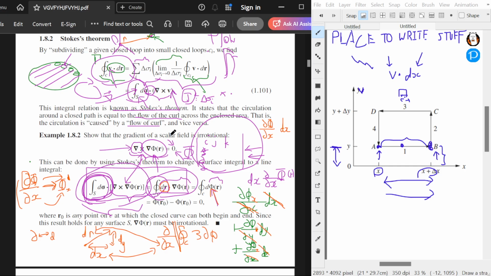Show the gradient of a scalar field is irrotational. Scalar field. Does that say anything about this? This guy doesn't really have any direction. He's just like a number. Maybe.